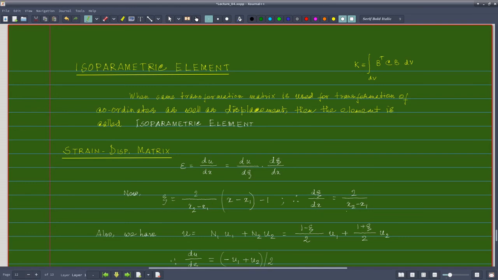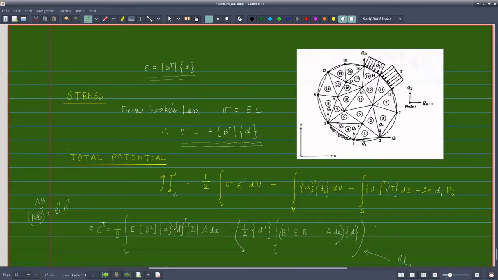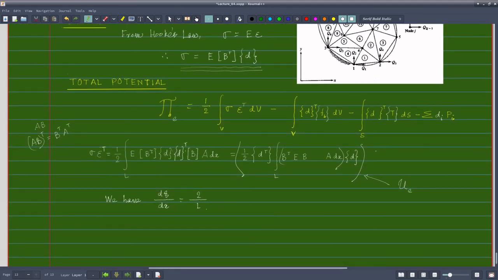You see, d xi by dx is 2 by L. x2 minus x1 is L, so 2 by L. So therefore, if I use this value, from here I can find out dx is equal to d xi divided by 2 by L, so L by 2 into d xi. All right, and xi is varying from -1 to 1 here, we know.